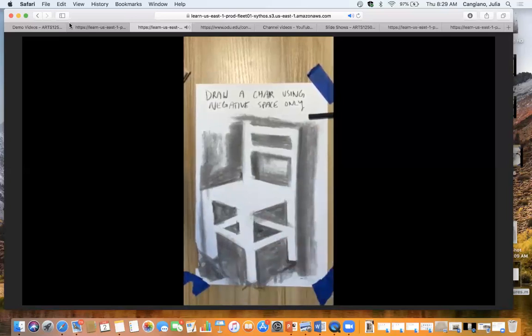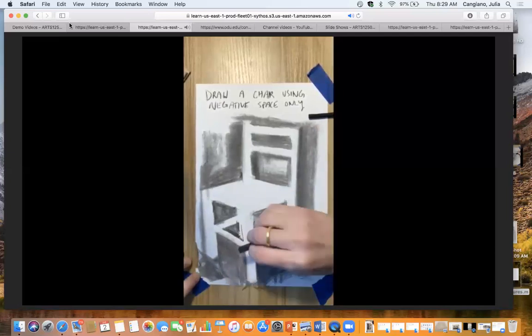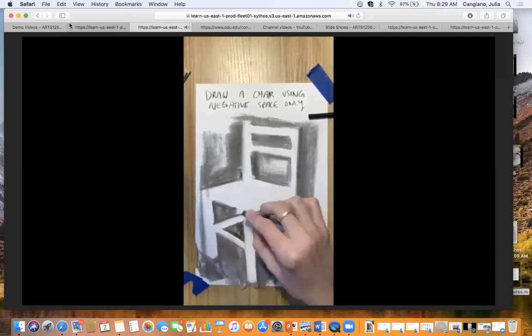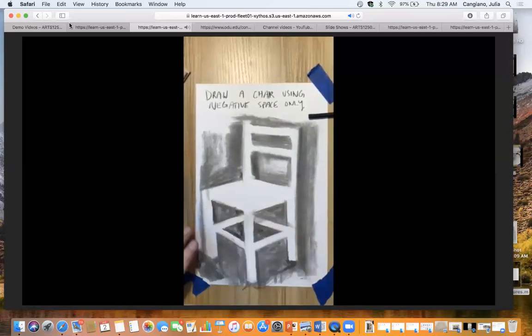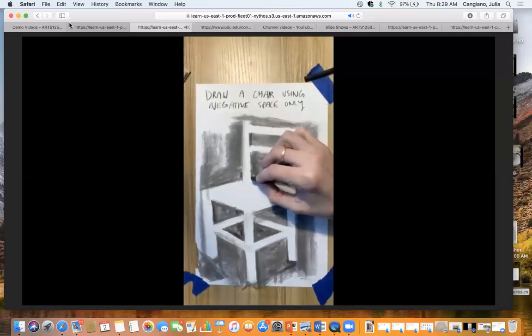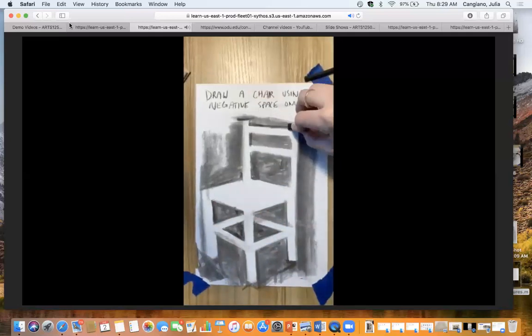This is a fun exercise that you can do, even if you're just drawing in your sketchbook, or you wanted to note something and were having trouble drawing it. Starting this way is a way of shifting your perception.